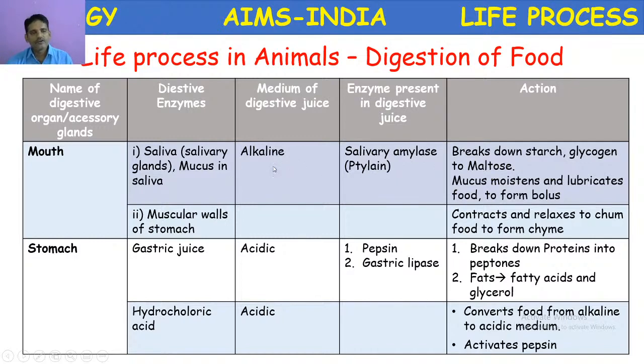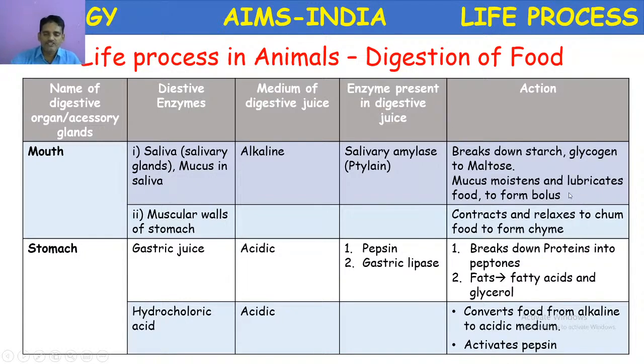The main action of saliva is that it breaks down starch and glycogen, which are complex, into maltose sugar, and the mucus moistens and lubricates the food to form bolus. Finally, we can say the partly digested food in the oral cavity or mouth is called bolus.